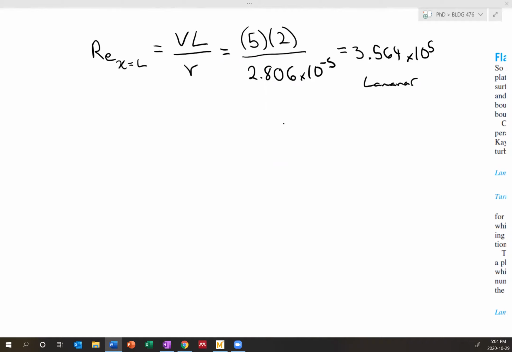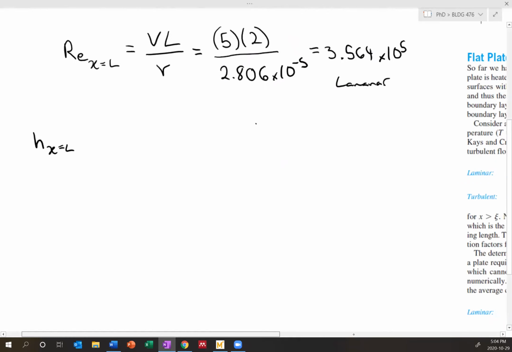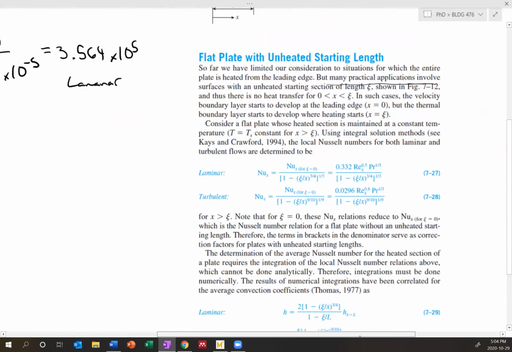All right, so now what we want to find is our local heat transfer coefficient. What is our h at x equal to L?